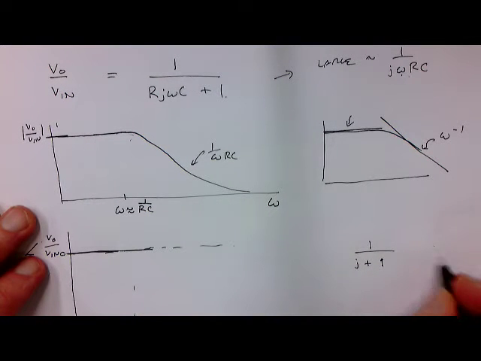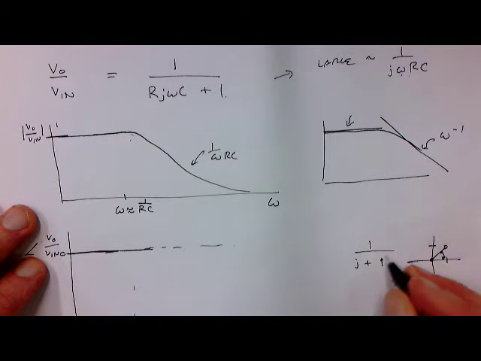If you think about j plus 1, here's 1, here's j, so j plus 1 has a phase of pi over 4. With 1 over j plus 1, I get a negative phase, because I could rewrite j plus 1 as radical 2 times e to the j pi over 4.